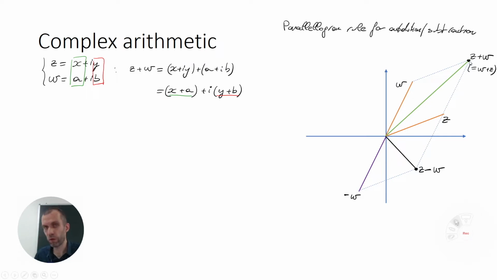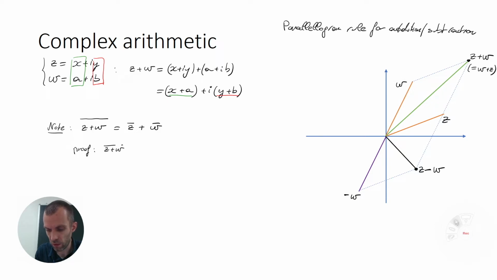So this is often useful again if you want to reason about where they lie in the complex plane. Then just one thing that is easy to check. If we take the sum of two complex numbers and we take the complex conjugate of that, that is the same thing as taking the complex conjugate first and then summing the two numbers together. So the proof is very easy.